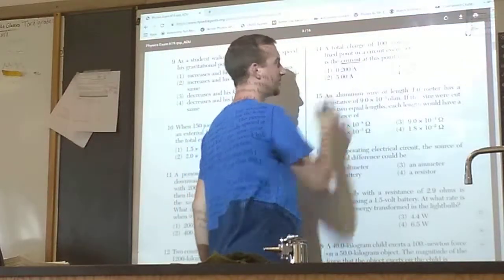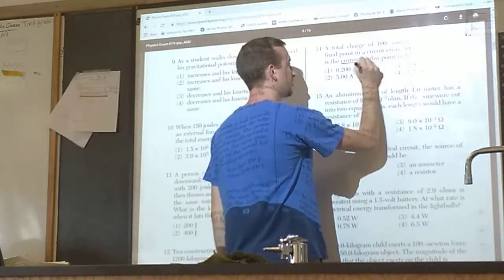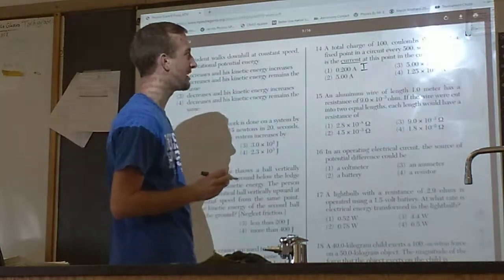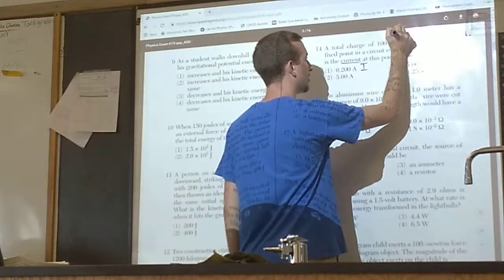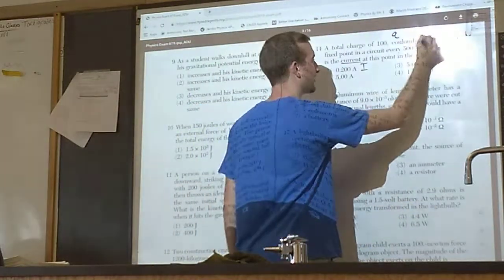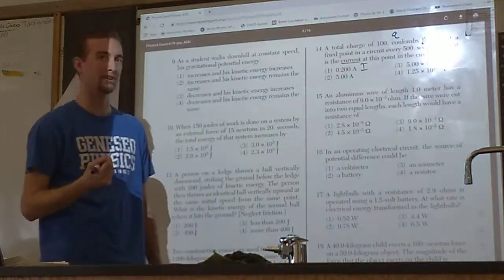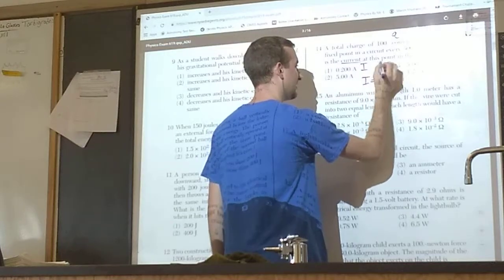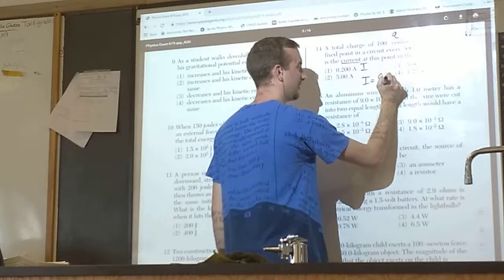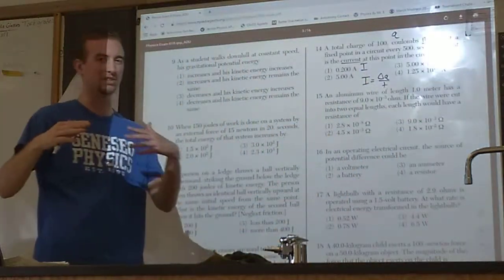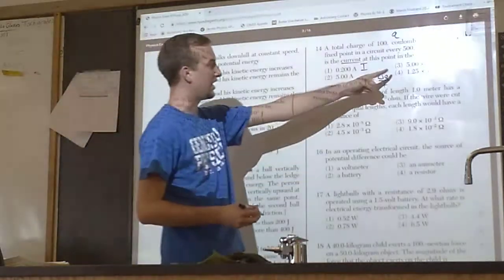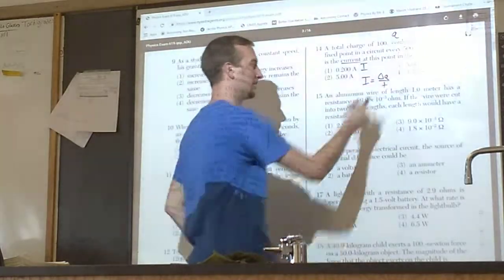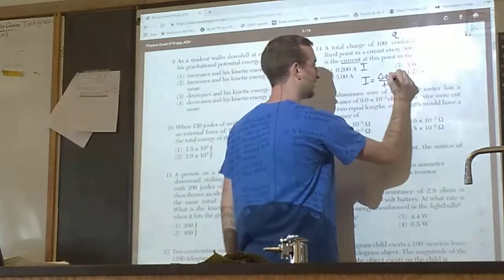Well, current we know is just a movement of charge, a flow of charge. Current is symbolized by I. We know how much charge is flowing past in a certain amount of time. This is a very straightforward equation from the reference tables. The definition of current is the amount, and don't get really thrown off by this delta, it just is there to symbolize charges flowing, over how much time it takes.